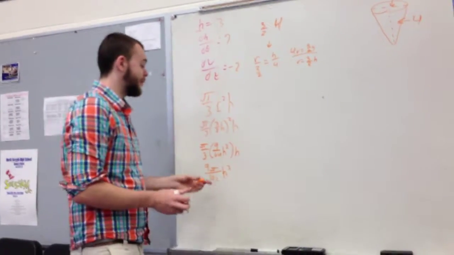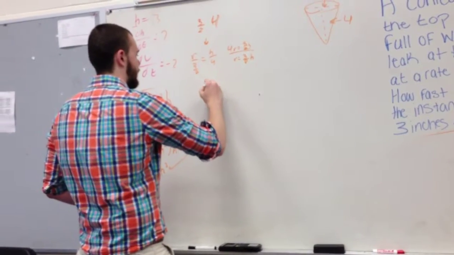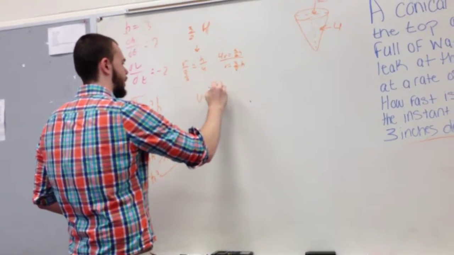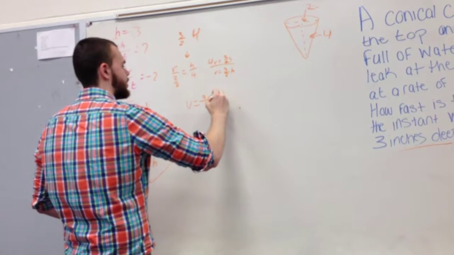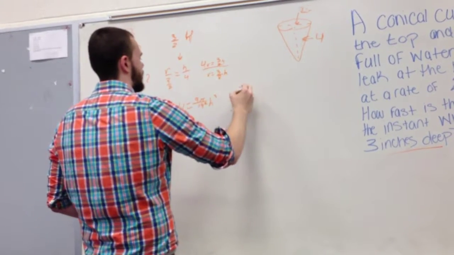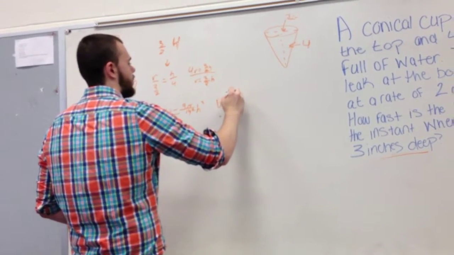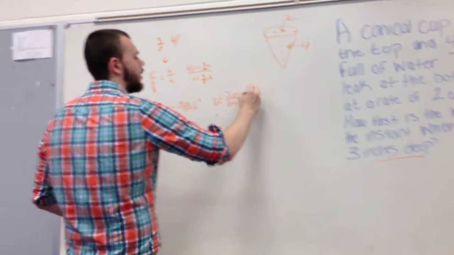Now, from here, we can differentiate. Volume is equal to 9 pi over 192 h cubed. Actually, we should simplify this. This should be volume is equal to 3 pi over 64 h cubed.